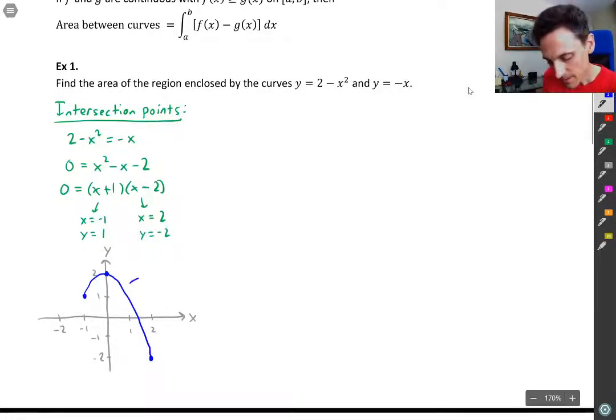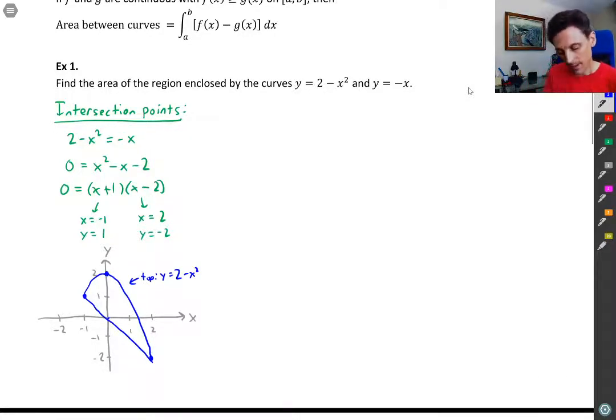So this is the y equals 2 minus x squared, and I'll call that the top function, as you'll see in a moment. Because the other function, the y equals -x, will be going through the origin. So that's going to look like this line here. All right, and this is the bottom function, y equals -x.